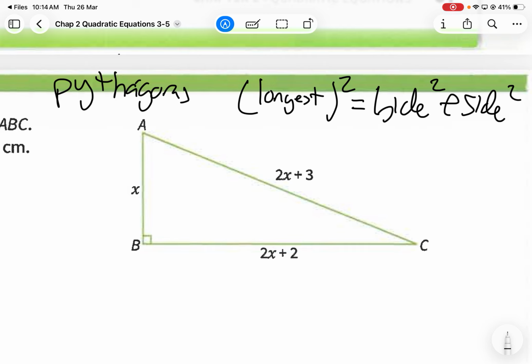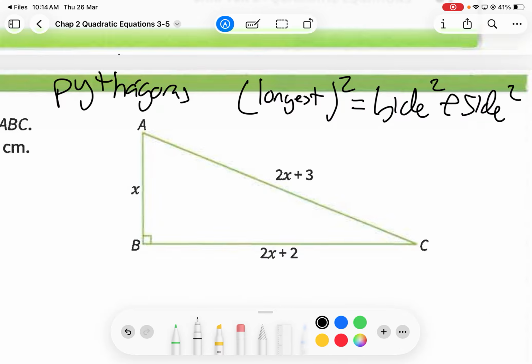The longest one is this one. Side, sorry. My handwriting too ugly. The other two sides, because they are not the longest, they don't have their individual name already. Just the other two sides.